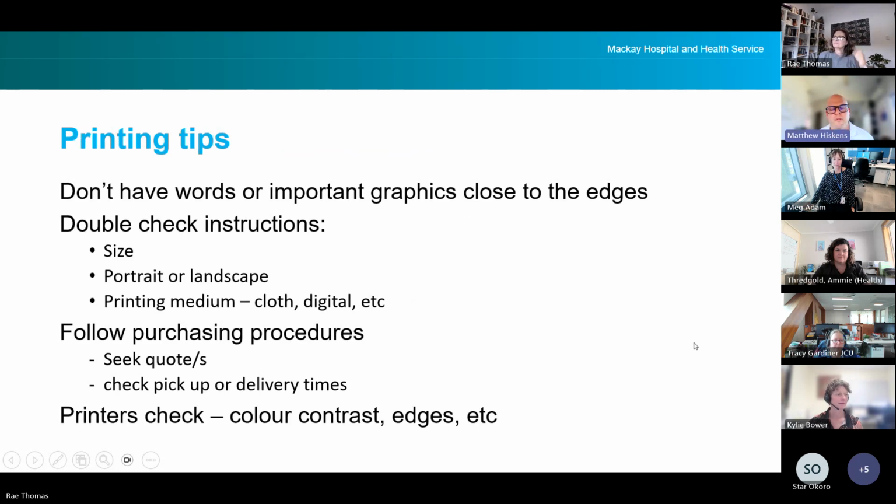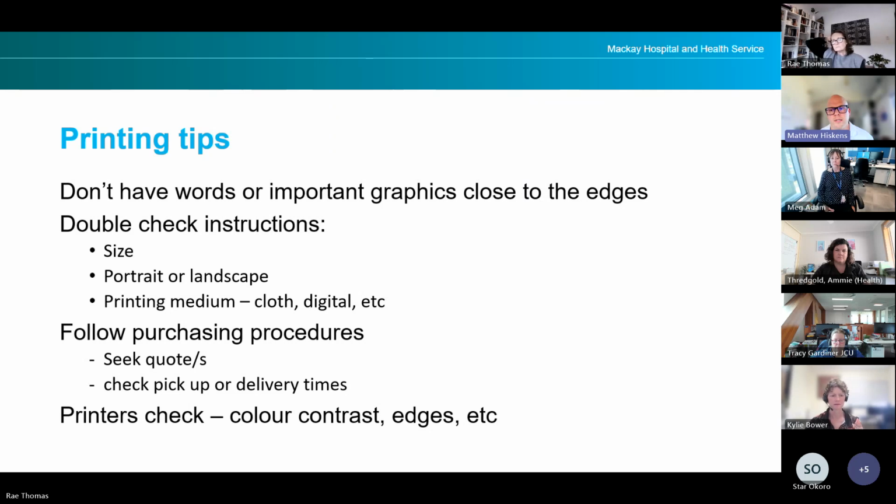Just some really practical stuff. There's always going to be bleeding of edges, etc. So make sure that you're aware of some of those considerations. Check the instructions around what you're printing on. There's rules around that for different conferences as well.